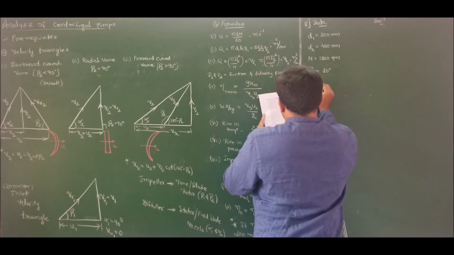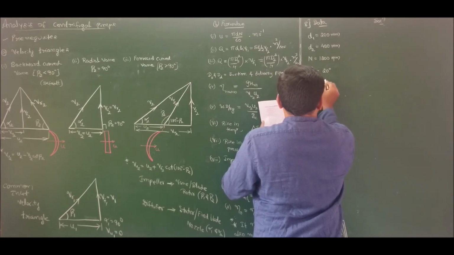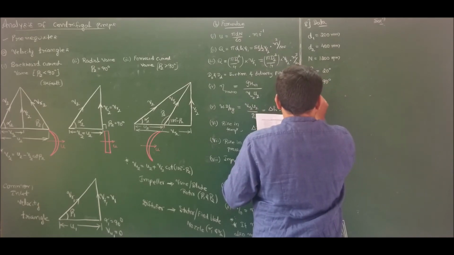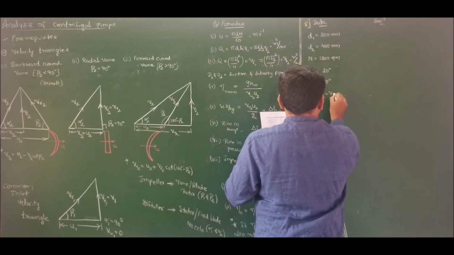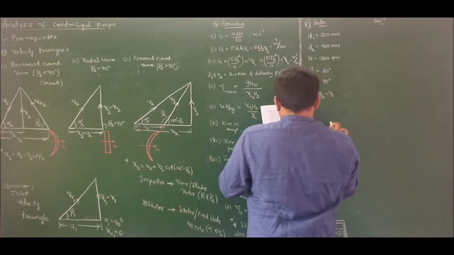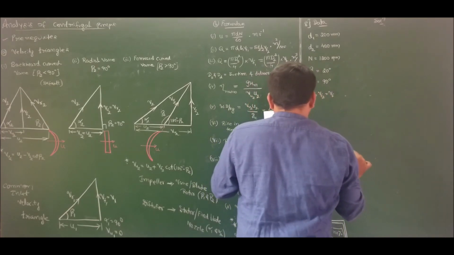Water enters the impeller radially, that is alpha 1 is 90 degrees. It is the default for centrifugal pumps. The velocity of flow is constant. Vf1 is equal to Vf2 is equal to Vf, which is not given, we should find it out.